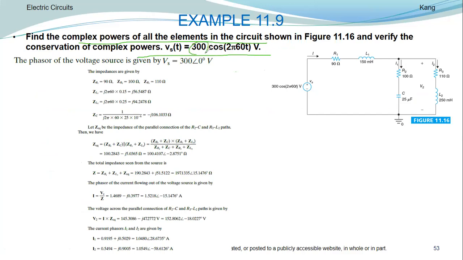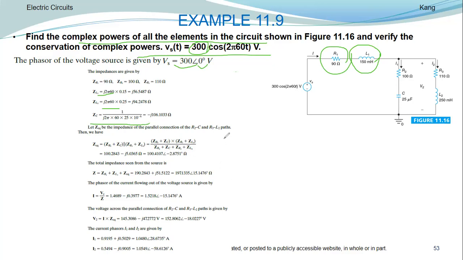Now this is the value of the amplitude, and there is no phase, so the angle will be 0. First we have to find the impedances: ZR1 will be 90 degrees, ZL1 will be j times this one, and ZL2 will be this one. For ZC, the formula will be 1 upon j omega C.